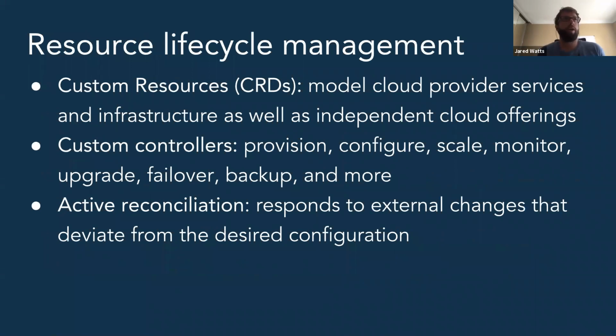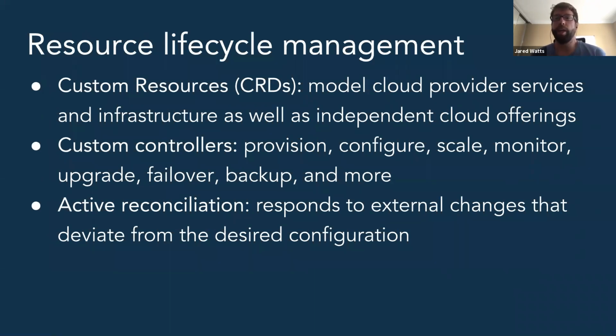So as we talked about before, there's a set of custom resources in the control plane that will be available for you to use. Now these model cloud provider resources like Amazon RDS database, or a Google Cloud SQL or Google GKE cluster.